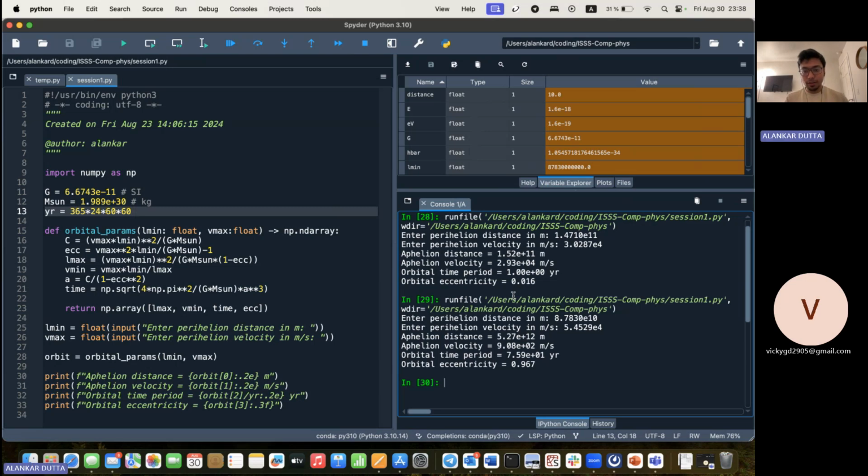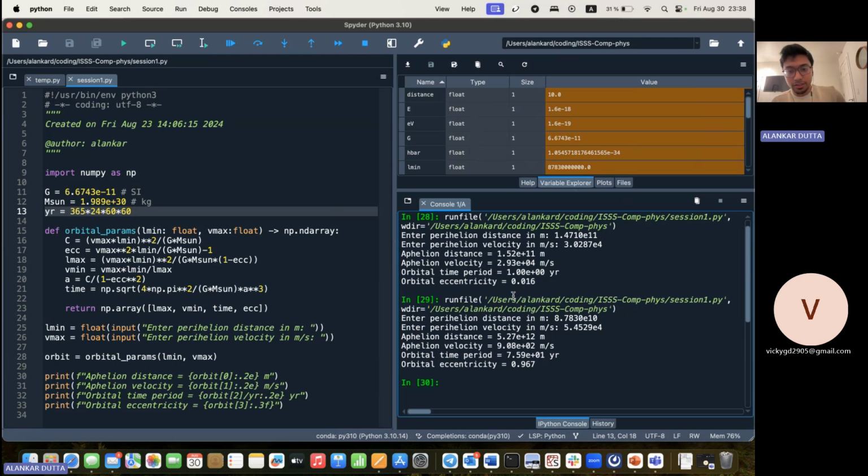Yes, so you can see it's around 76 years. It's 75.9, so it's around 76 years that you see Halley's Comet. Your orbital eccentricity is 0.967, so it's extremely eccentric compared to the Earth, whose orbital eccentricity was very close to 0. Here, orbital eccentricity is very close to 1. So it's a highly eccentric orbit, extremely elliptical.